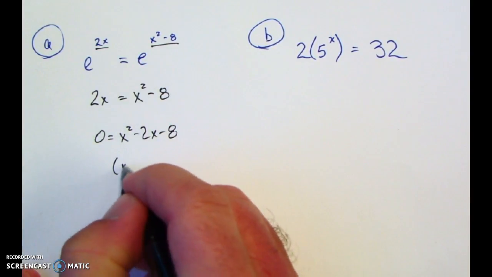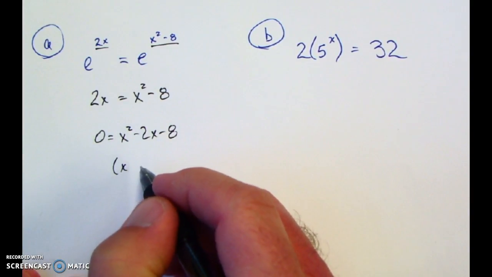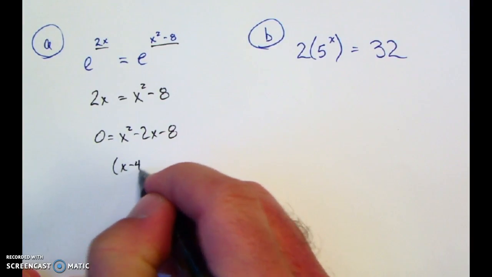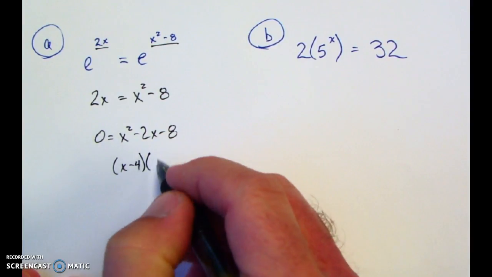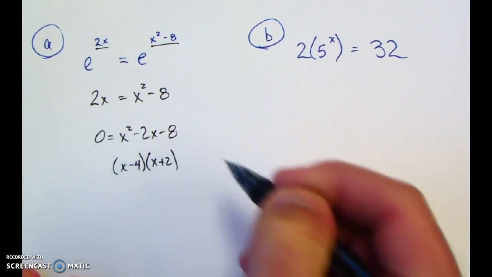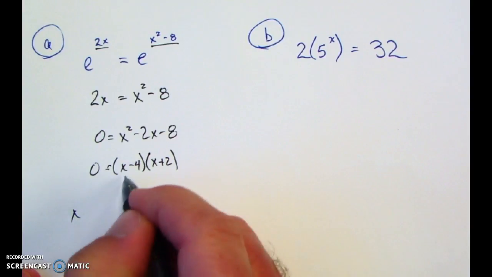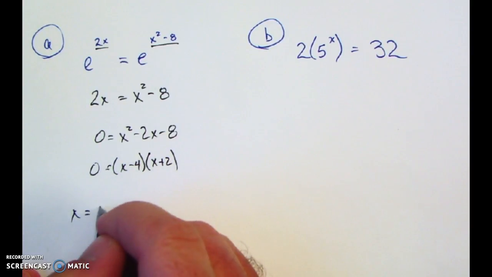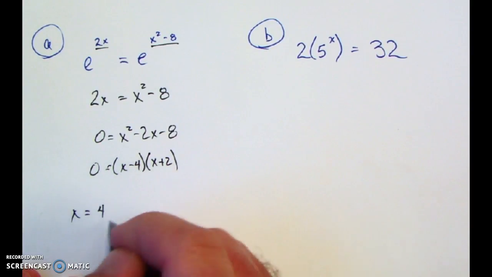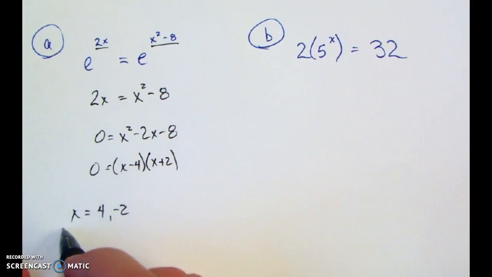Factor that. So we're going to have x minus 4 times x plus 2. So then that gives us two values. x minus 4 equals 0, so that's where x is equal to 4, and x plus 2 equals 0 is when x is negative 2.